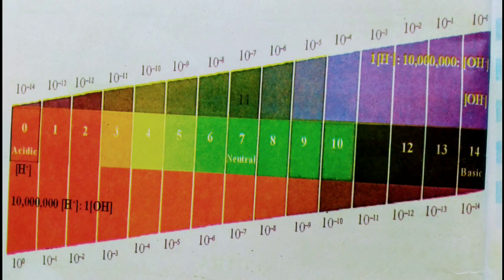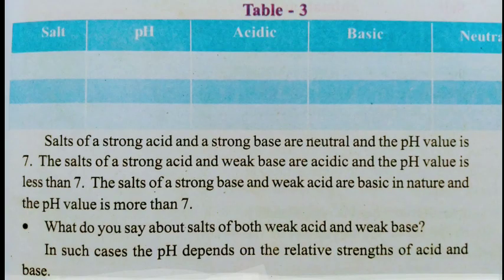If we test with litmus papers, and it turns red litmus to blue, we can understand that the salt is basic in nature. If it turns blue litmus to red, we can conclude that the salt is acidic in nature.